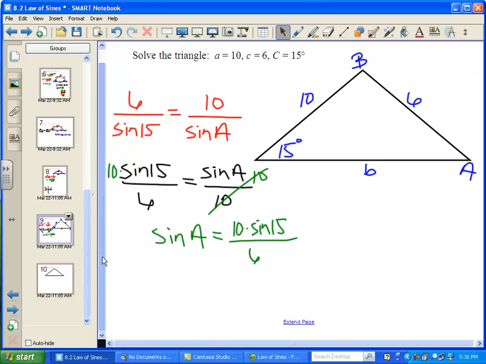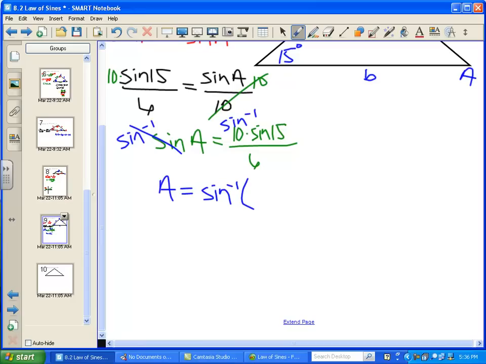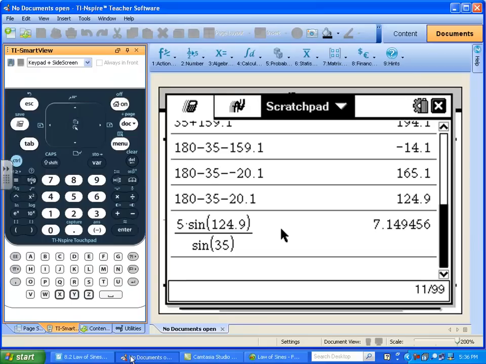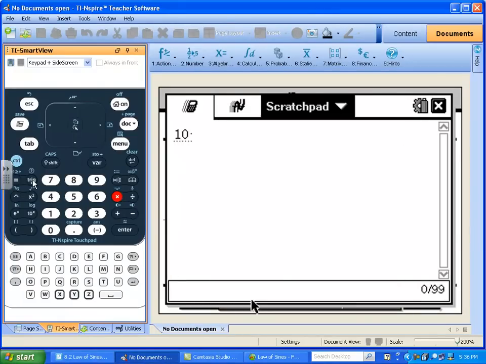And then, if you recall from a previous triangle that we solved, I'm going to have to take the sine inverse of both sides. I'm just going to do that up front here so that I can say A is equal to the sine inverse of whatever this fraction is that I'm going to put into the calculator. So 10 times sine 15 over 6. I'll just take 10 times the sine of 15 over 6, and just 1/6 there.